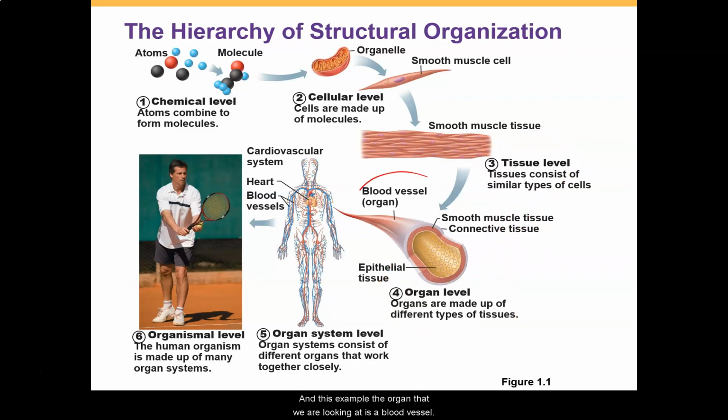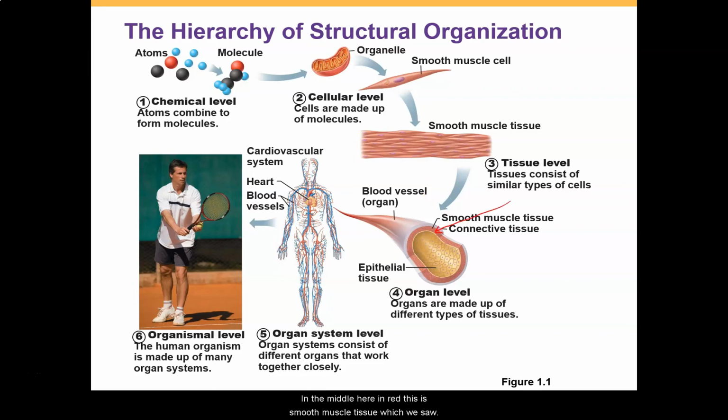In this example, the organ that we are looking at is a blood vessel. Blood vessels are composed of various different types of tissue. So for example, on the outside, that's one tissue type. So this is epithelial tissue, which we will explore what that means later on.